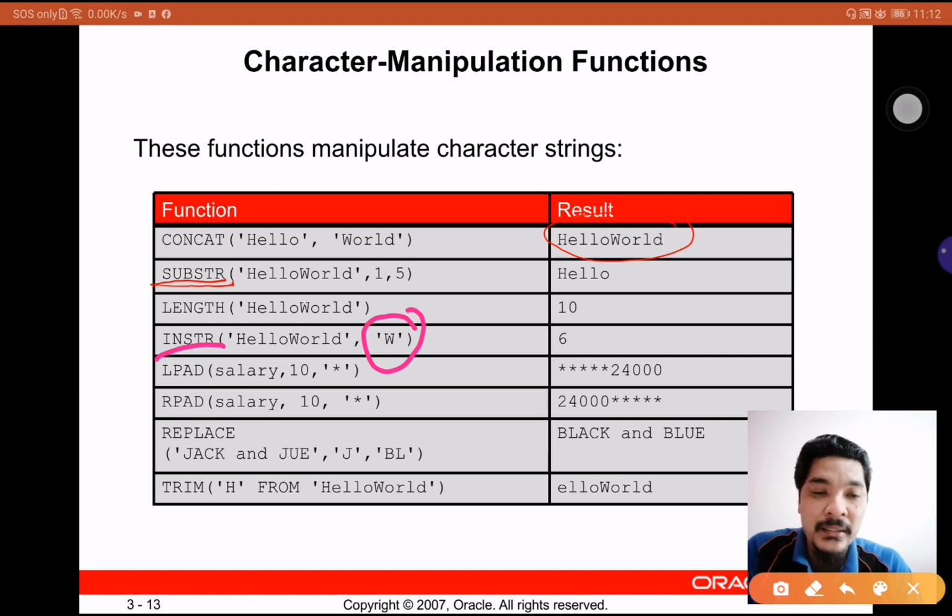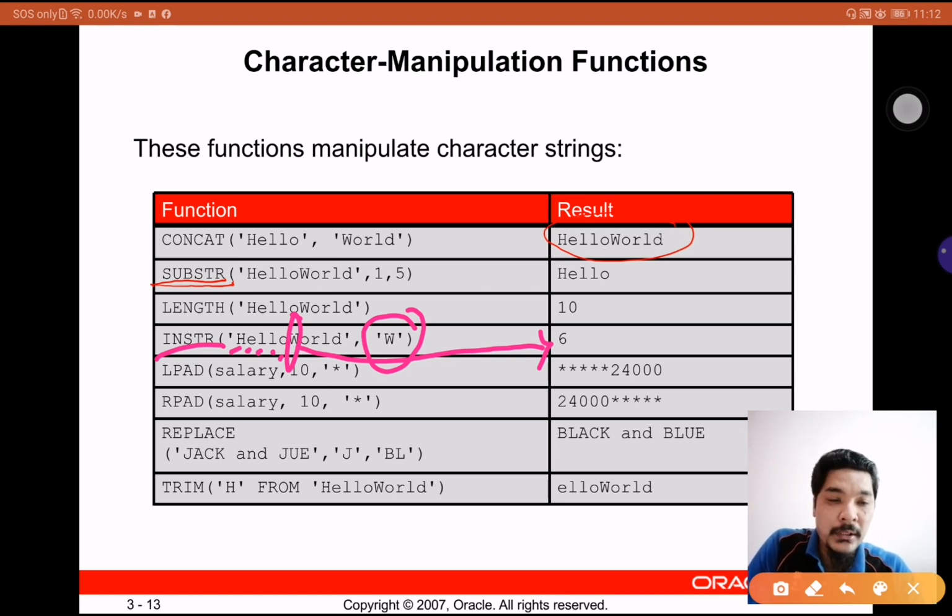If we count 1, 2, 3, 4, 5, W is here, in character number 6. It will produce 6 as the result.